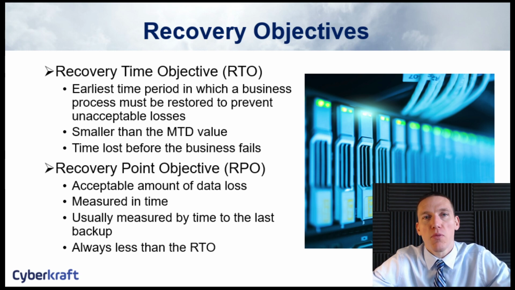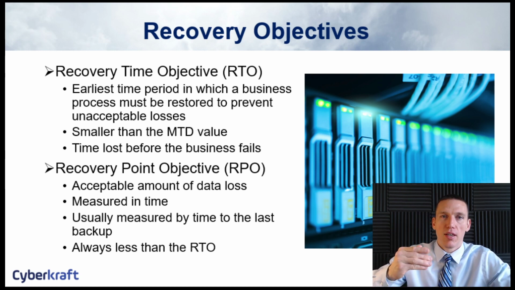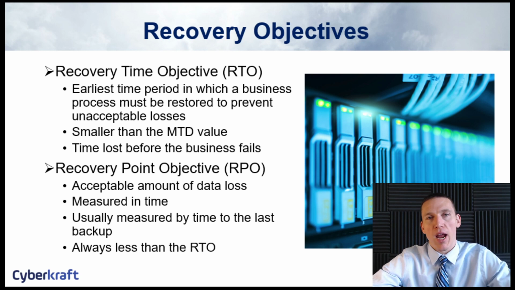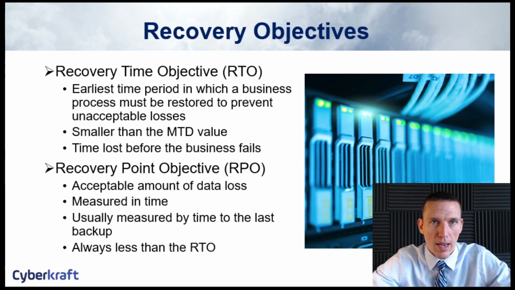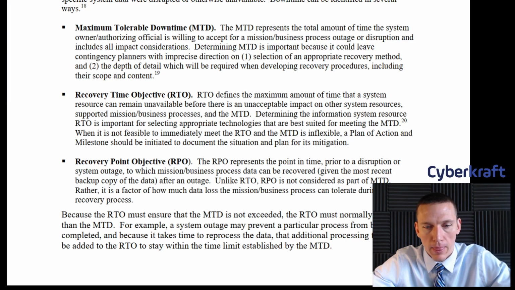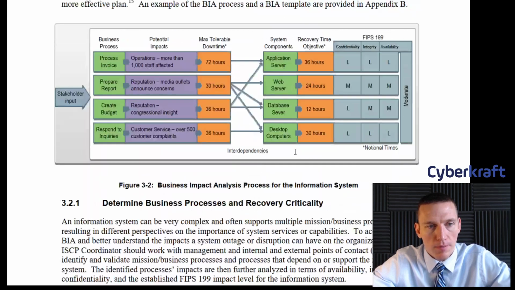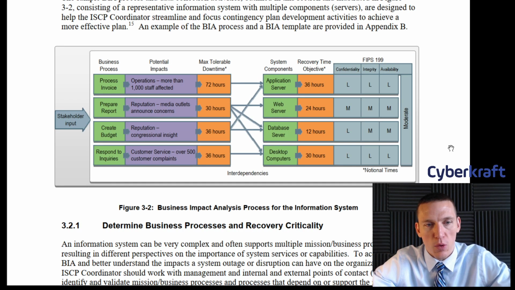Okay, if it's a critical business function that requires constant updates, then perhaps your recovery point objective is only 1 day. If it's something that is less critical, like in the example with the worksheet, this invoice, right? Well, it has a recovery time objective of 36 hours, so it wouldn't be a week.